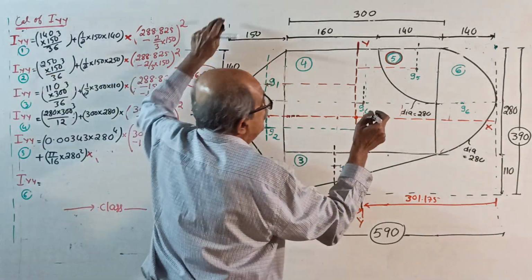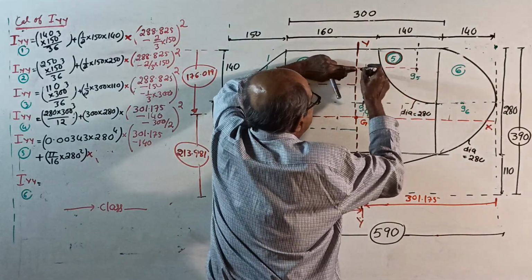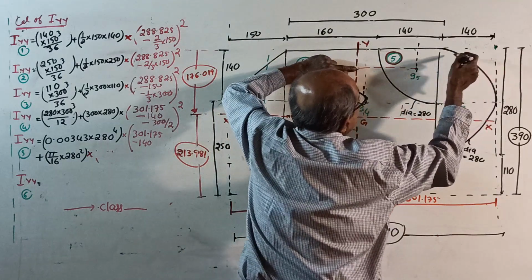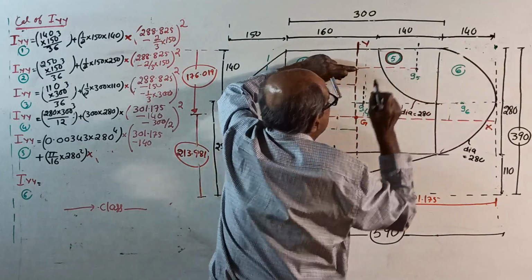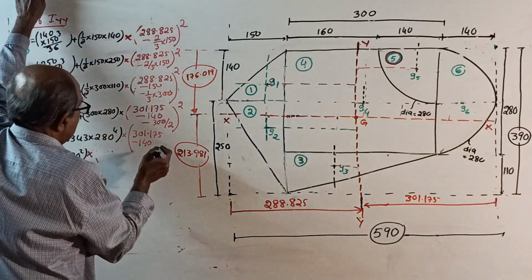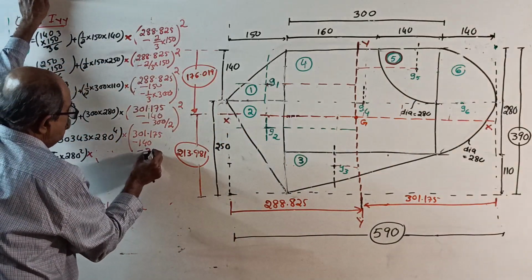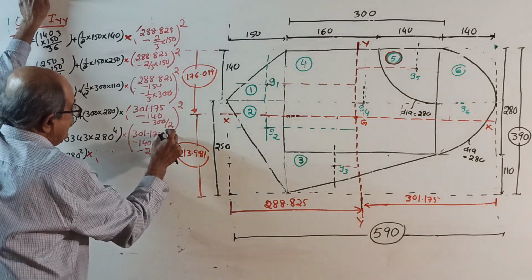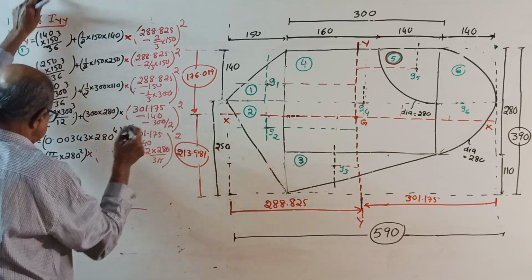We want this distance squared, which is 301.175 minus 140 minus this distance, 2d by 3 pi, that is 2 into diameter 280 divided by 3 pi. That full number to be squared.